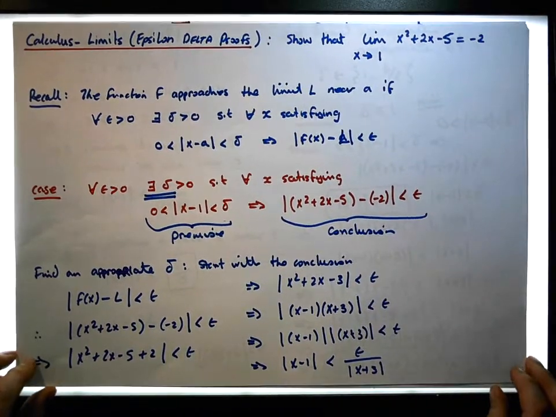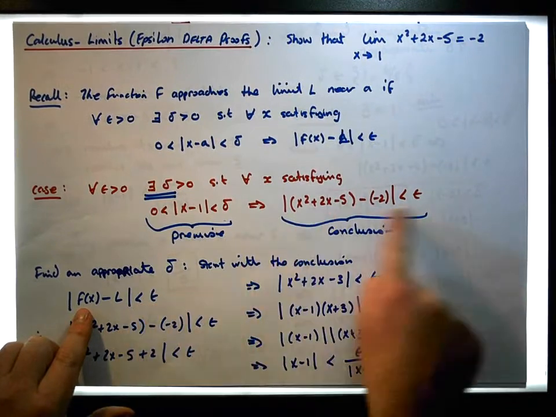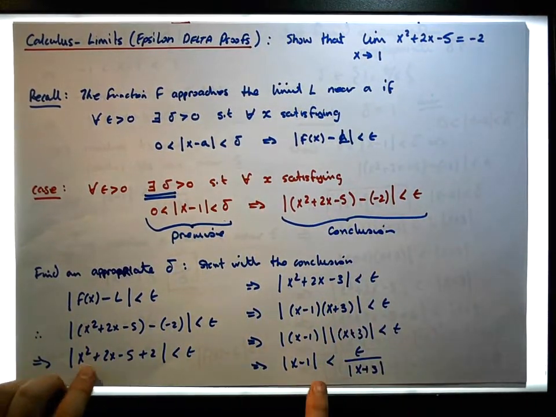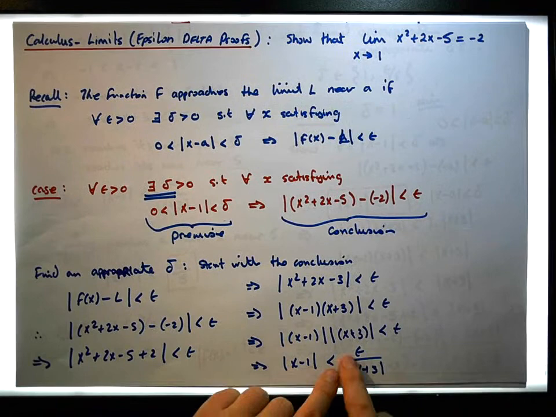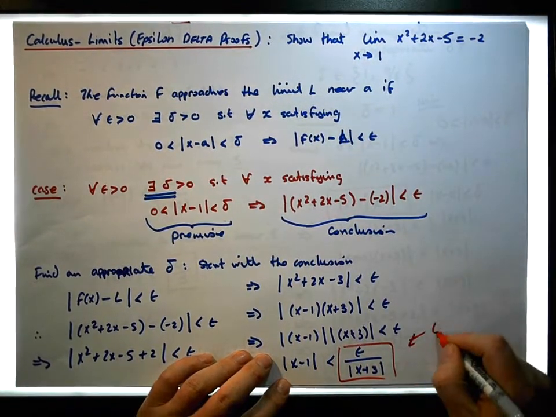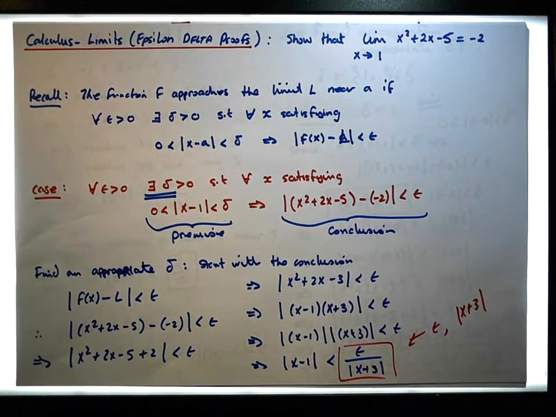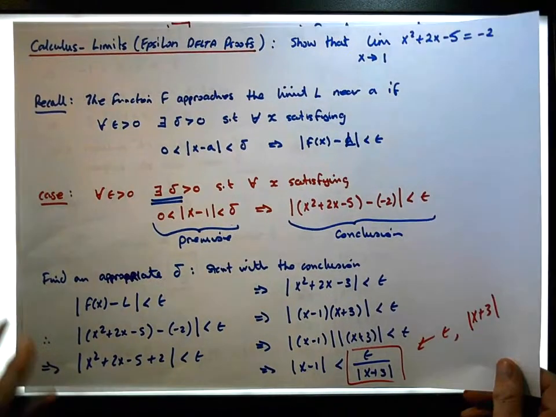Now, the trick here in this particular case is that when we took |f of x minus L| less than epsilon, the conclusion, and when we worked it down, we ended up getting the premise less than a specific value. But this specific value was dependent on epsilon and also on x plus 3, and we only wanted it dependent on epsilon. So what we needed to do is figure out what was going on with this particular x plus 3.